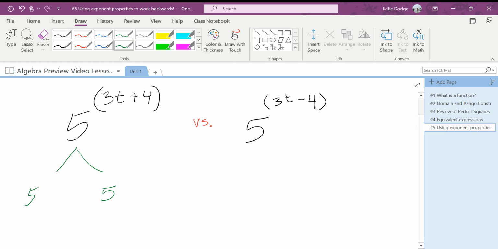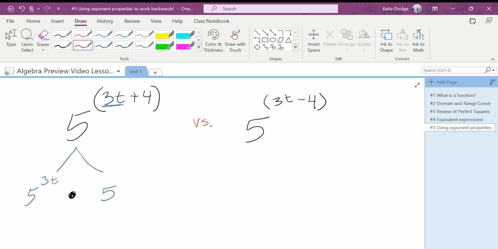Now, my first exponent is just going to be the first term that I see, which is 3t. So that's going to attach to my first base of 5. We know that we're applying the product property, so we could put our multiplication sign in between each base.